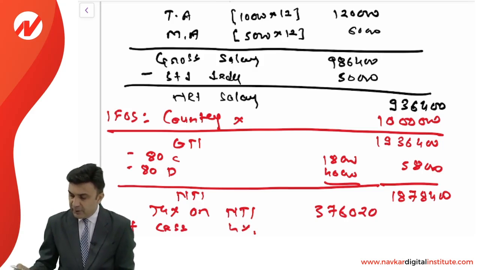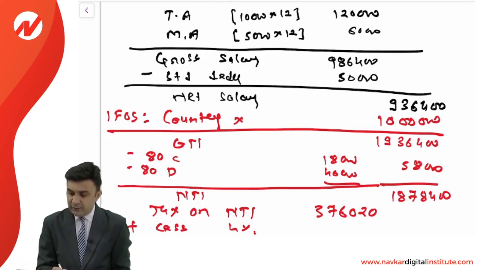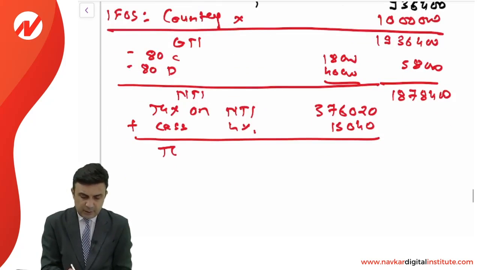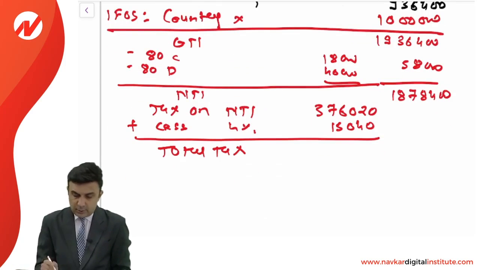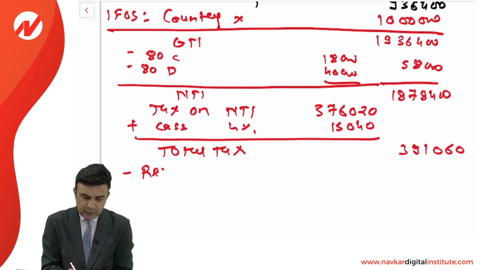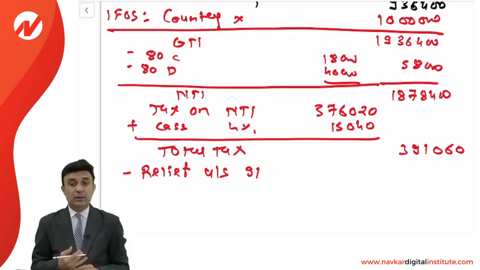My 4% cess will be 15,040 or 41. Friends, so my total tax payable will be 391,060. From the same, I am able to get relief under section 91.